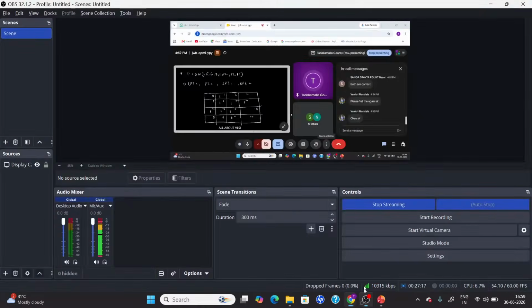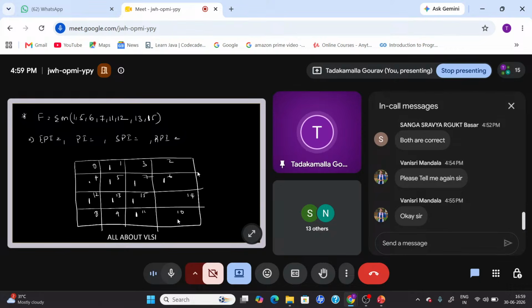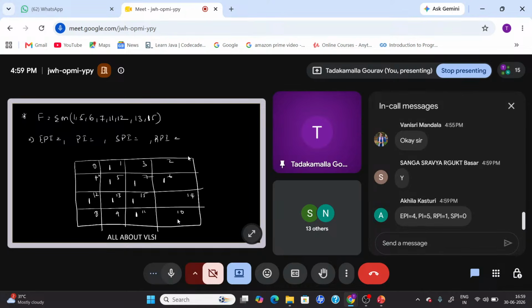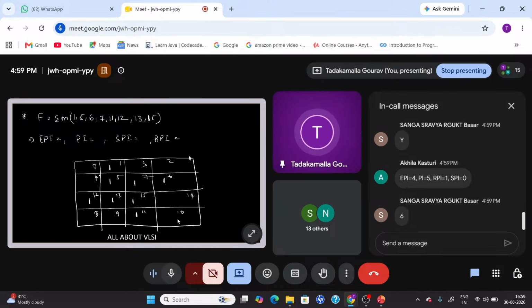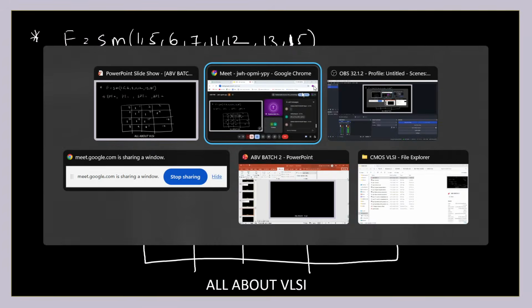Has anyone got how many prime implicants are there in this particular question? What number of prime implicants did you get? Oh, great. Essential prime implicants are 4, prime implicants are 5, RPI is equal to 1, and SPI is equal to 0. Okay, others also please take your time and let me know the answers.